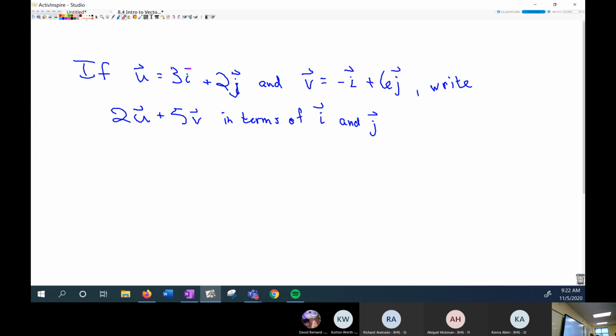The ones we get to combine are the ones that have the same i or the same j. Just like we do with algebraic expressions, we combine like terms. And so that's the benefit. Now, if you're asking yourself, what's the point of having i and j? Well, I can tell you this.